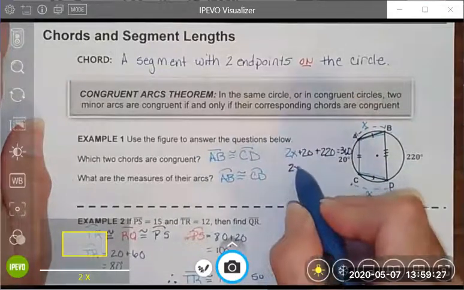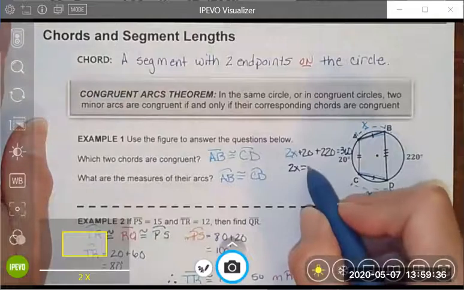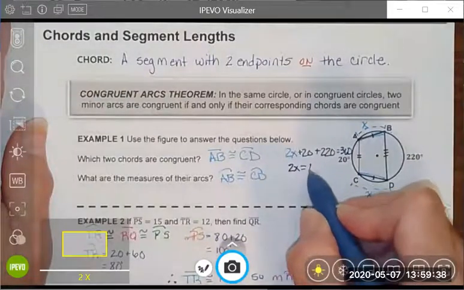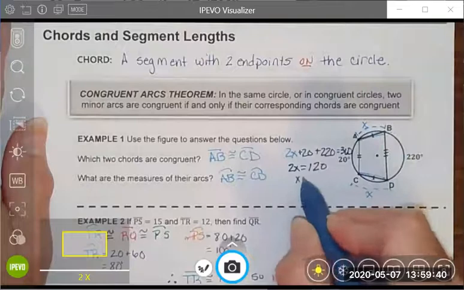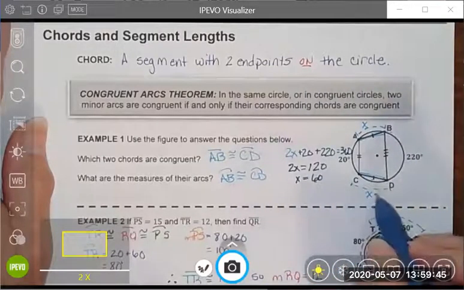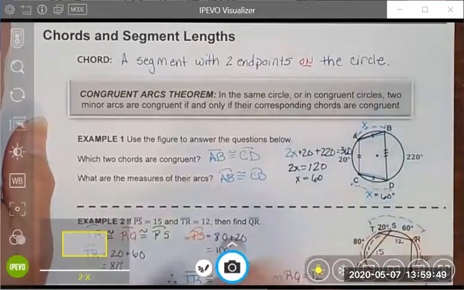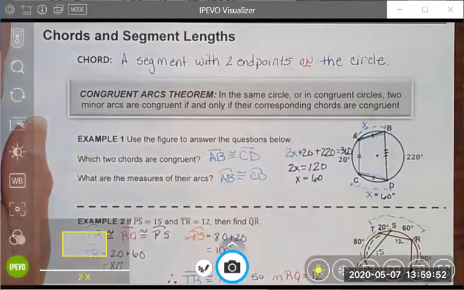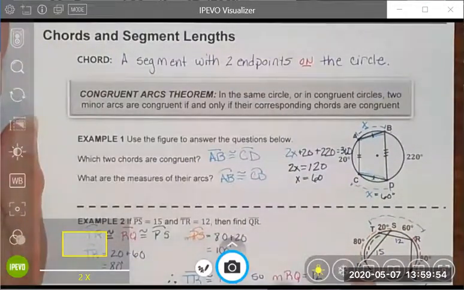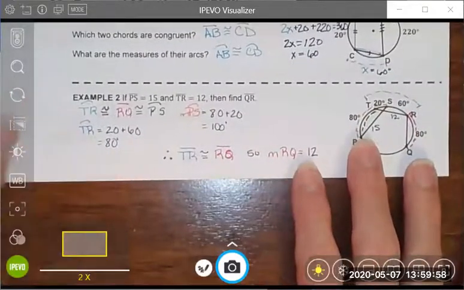When I simplify that, I end up with 2x is equal to 120. Wow, Ms. Palmer can do math. And I can use that to help me figure out that the measure of CD and the measure of AB are 60 degrees. Pretty cool, huh?